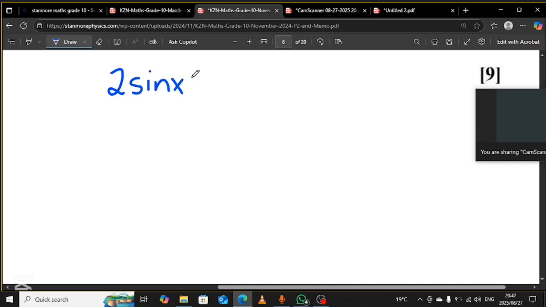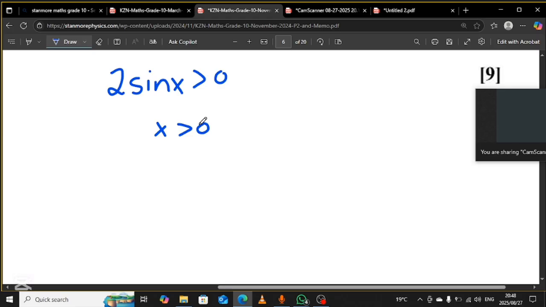So 2 sin x is greater than 0, so x is greater than 0. The way I did this was dividing by 2 on both sides. Yeah, I can see what you actually did here.